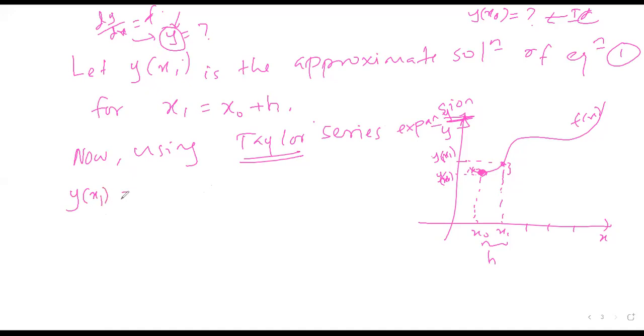If you want to find the Taylor series, actually we are finding the value at a point. Let's say we want to find this y of x1, which equals y of x naught plus h, isn't it? So we can write this in the Taylor series as, first of all, y of x naught.